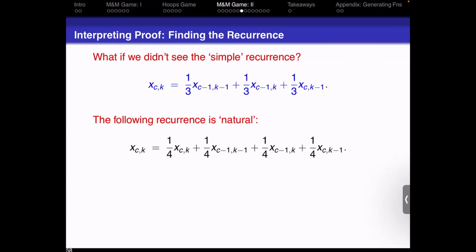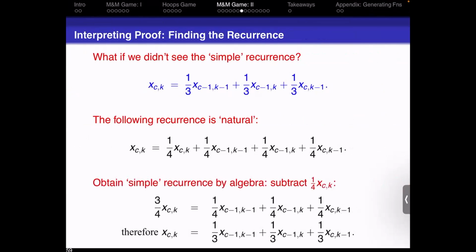We have X_CK on both sides. Let's put all the X_CKs, which we're trying to find in terms of the small things, together. X_CK has C plus K total M&Ms. The other stuff has less than that. So if we bring that over to the other side, we get 3/4 X_CK equals the rest. Now multiply both sides by 4/3, and we regain the relationship we had before.